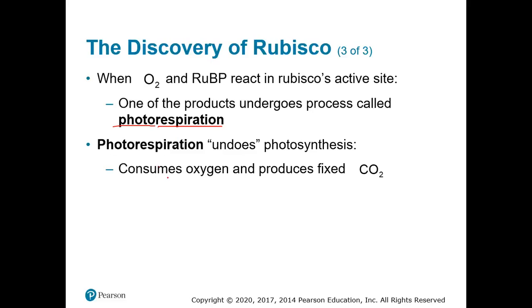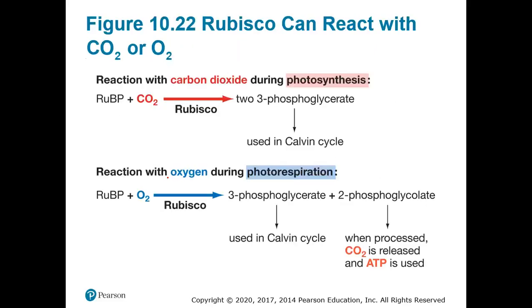Okay, instead of producing oxygen, it's going to consume it. And what it produces is CO2. Okay, so consume oxygen, produce CO2. That's not what we want. We want to release oxygen and we want to produce a carbohydrate at the end of the day. So photorespiration is bad. We want to minimize photorespiration as much as possible.